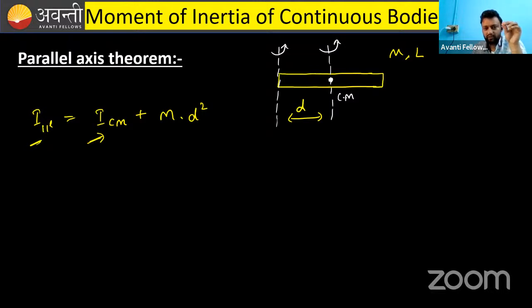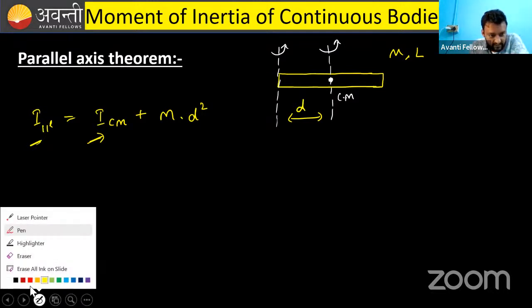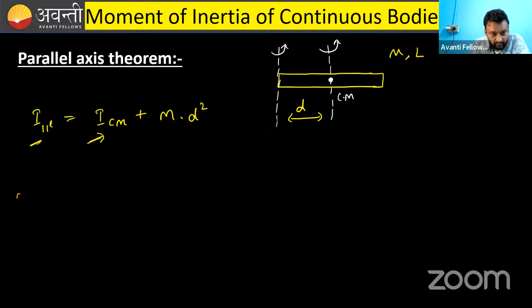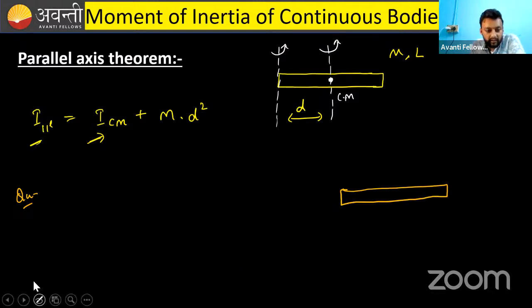Is the concept of the parallel axis theorem clear to you? Now, let me ask you. Let's suppose there is a question. The question says there is a rod, this one, and its moment of inertia about this axis is given as I. And they are asking you the moment of inertia about this axis.